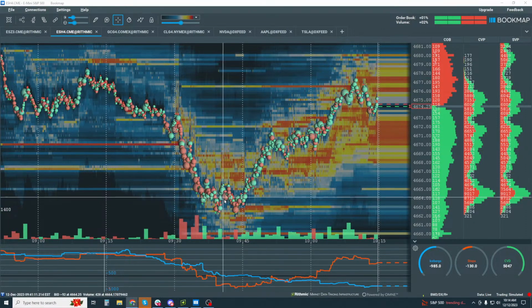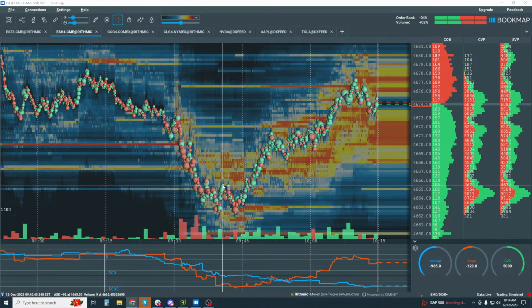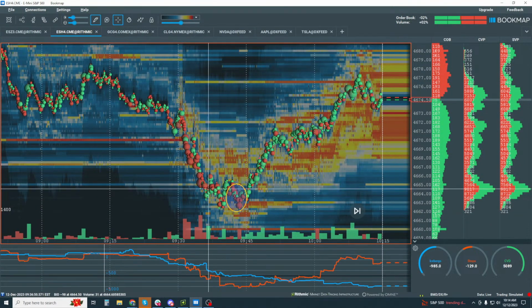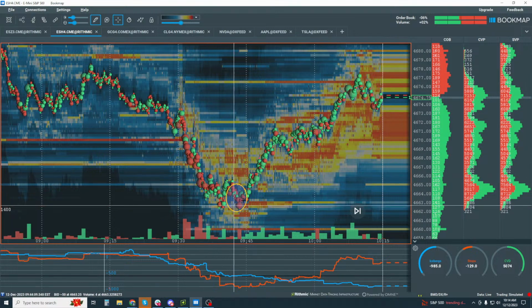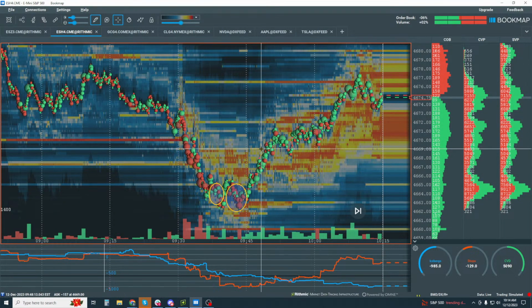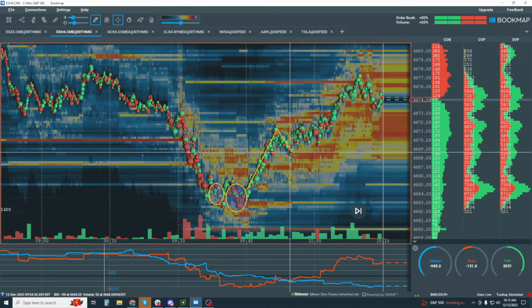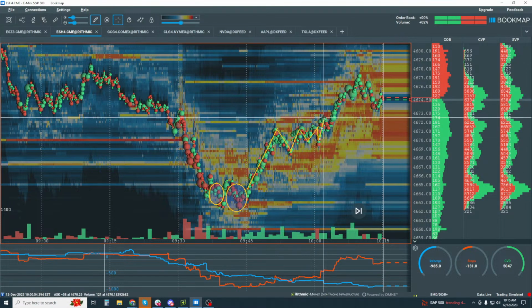Now it starts with the potentially trapped volume in these areas as well. Now, there's not a whole lot of that. It's more like a strong move just comes out of the blue here, and we get this move, and we get a little bit of back and forth in here, but it's still trending higher, right?